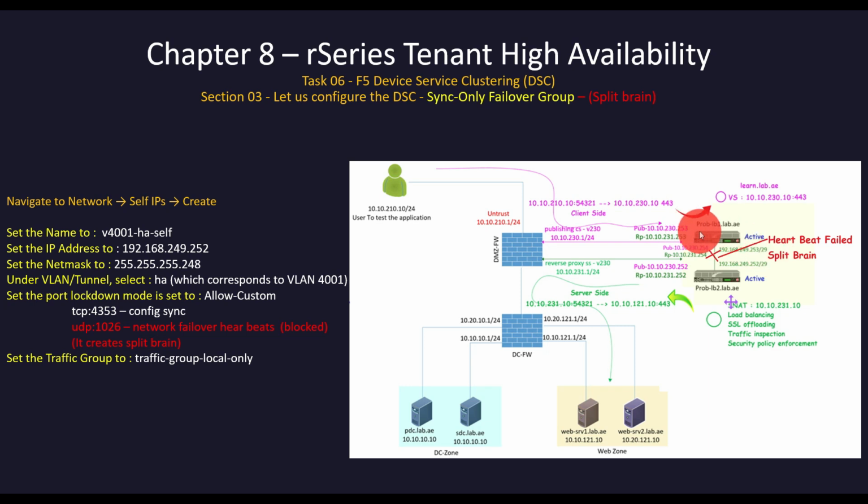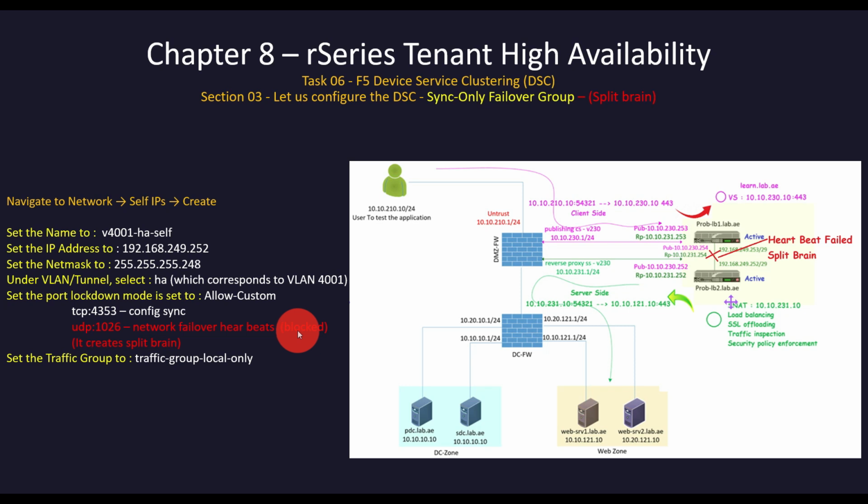Split brain happens when both the BIG-IP devices are active in an HA cluster but unable to exchange the heartbeat messages through network failover. In our case, we simulated this split brain by blocking the HA communication port between the devices on the port lockdown settings.